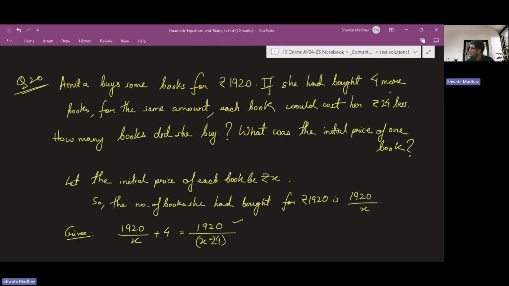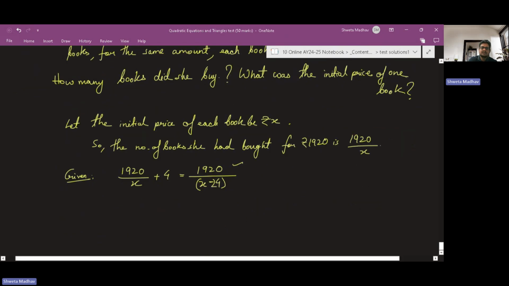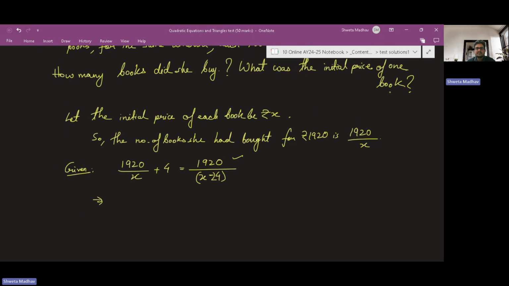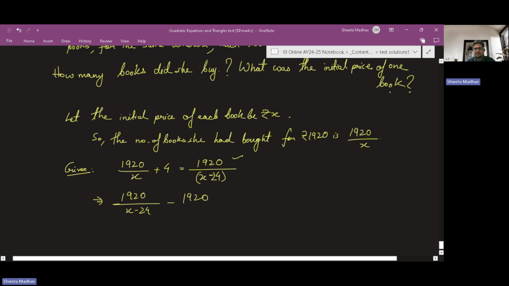It means that 1920 by x plus 4 is equal to 1920 by x minus 24. Hence I can say that 1920 by x minus 24 minus 1920 divided by x will be equal to minus 4.